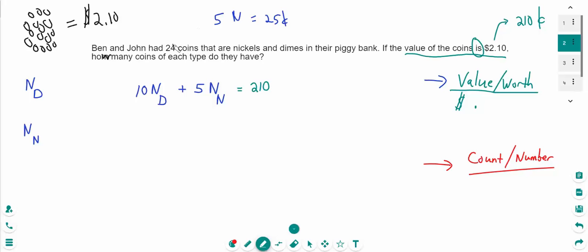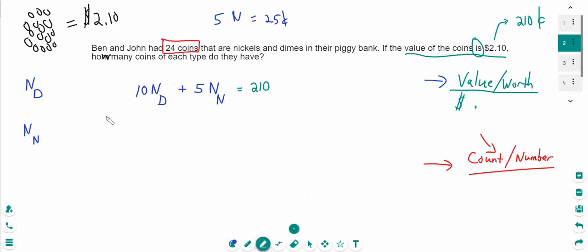All right. So they told us that the whole count was 24. All the nickels and dimes added together. Now that's not the value, that's the number of coins there are. So that would fall under this category. All right. So what can we say then about n sub d and n sub n?